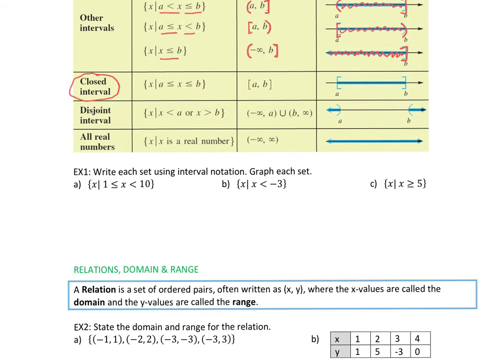And that would be if your x values are greater than or equal to some real number, less than or equal to some real number. Because then we would have brackets on both sides, which would translate to brackets in the graph, shade everything in between. So that's the only example of closed.